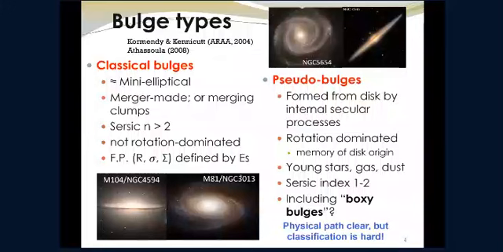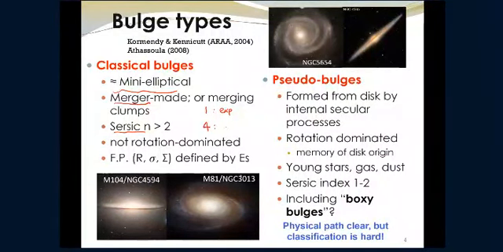Okay, so there's the so-called classical bulge. In our mind, we imagine that classical bulges are mini ellipticals. They tend to be made in mergers or merging clumps, and the Sérsic index tends to be bigger. A Sérsic index equal to 1 is exponential. I'm not sure if everybody is familiar with the terminology.